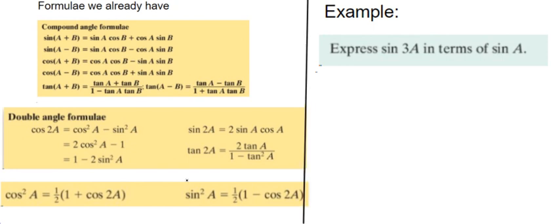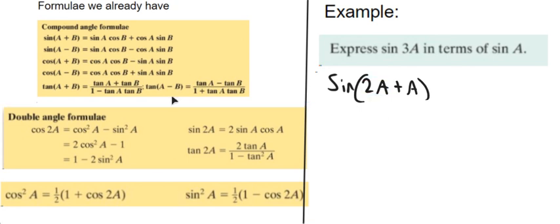So express sine of 3a. Straight away I know that sine 3a is the same as sine of 2a plus a. Because we've got no formulae with 3a or 3x or anything, we're going to have to break it down into 2a plus a, and then we can do things with sin of 2a or whatever, and we can do things with sin of a.